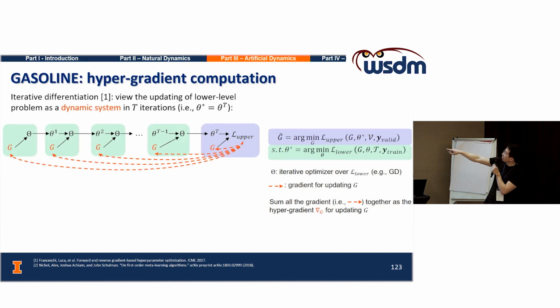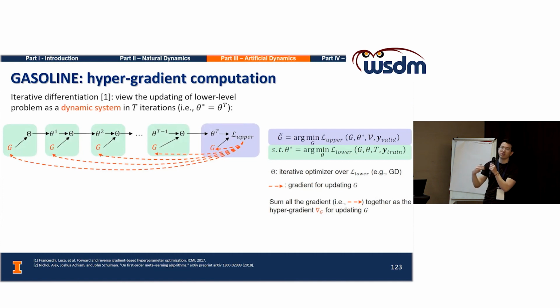As the blue box shows, in the lower level problem, we get a theta star, and theta star actually could be viewed as a function of the given graph, right? So in order to get the gradient of the upper level problem with respect to the graph data G, it contains many terms from the chain rule. A classic solution to this problem is to view the training process as a dynamic system, which will converge in T iterations.